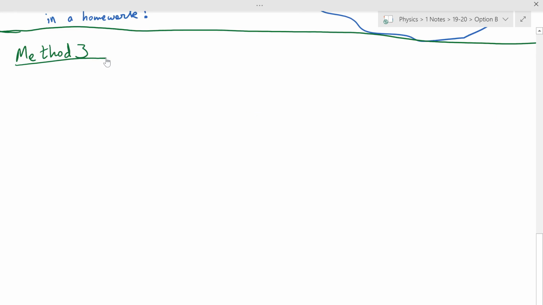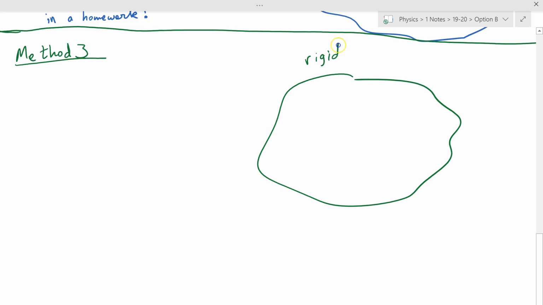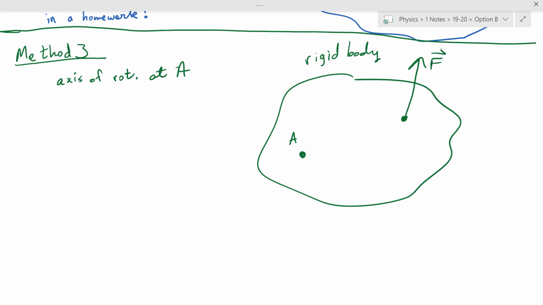Method 3 is similar to method 2. We've got a rigid body. There is some axis of rotation, and there is a force exerted on that body that exerts a torque around point A. Instead of using the perpendicular distance from A to the line of action and calculating R perpendicular times F, we're going to use the perpendicular part of F to the normal R position vector.